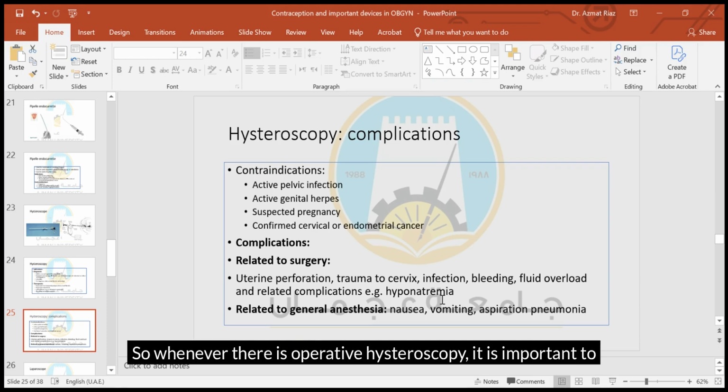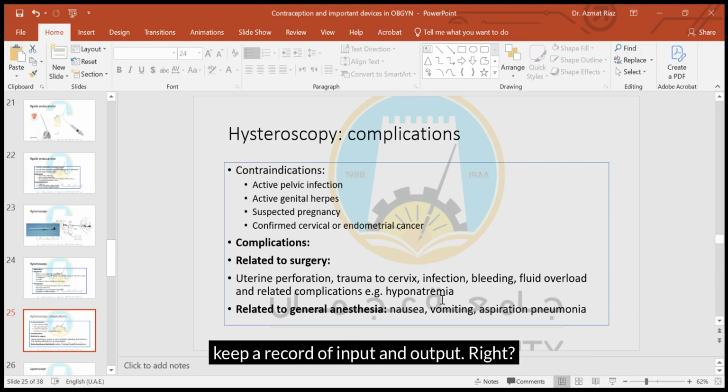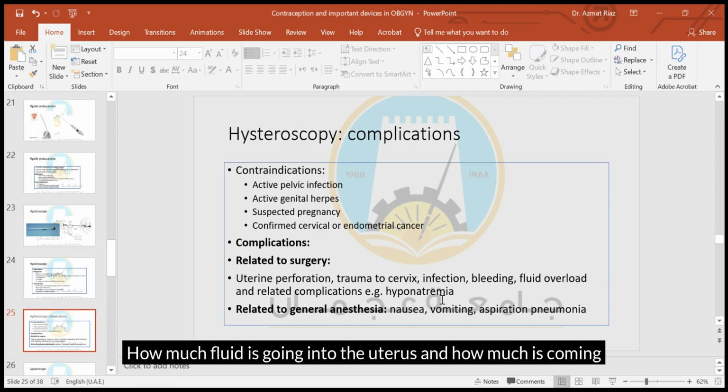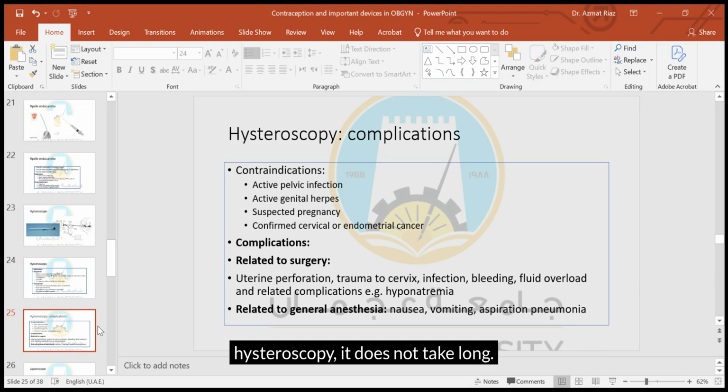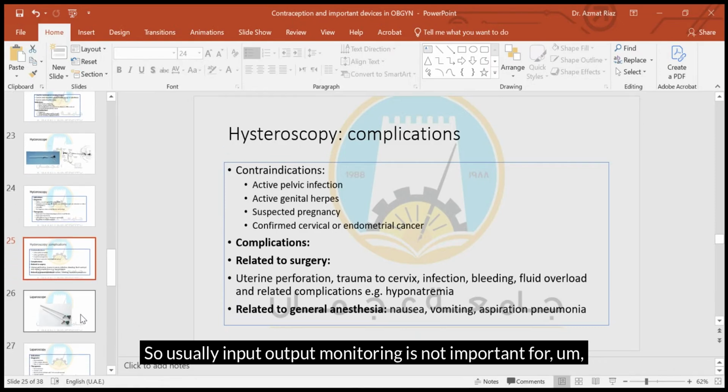So whenever there is operative hysteroscopy, it is important to keep a record of input and output, right? How much fluid is going into the uterus and how much is coming out. Okay, so it's very important for operative hysteroscopy. For diagnostic hysteroscopy, it does not take long, so usually input-output monitoring is not important, but it is very important for operative hysteroscopy, especially if it is taking time.